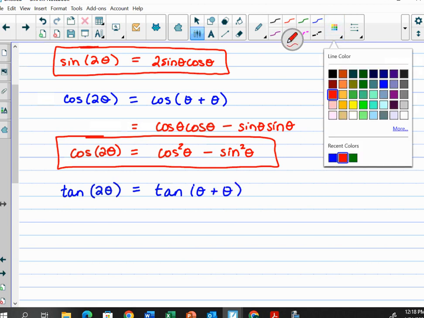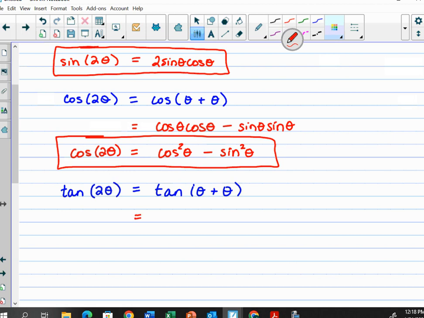Okay, tangent. What is our tangent formula from last time? Good.